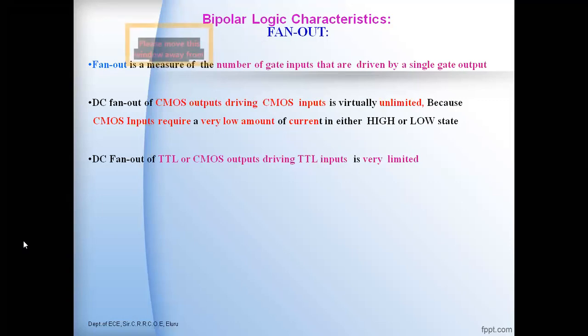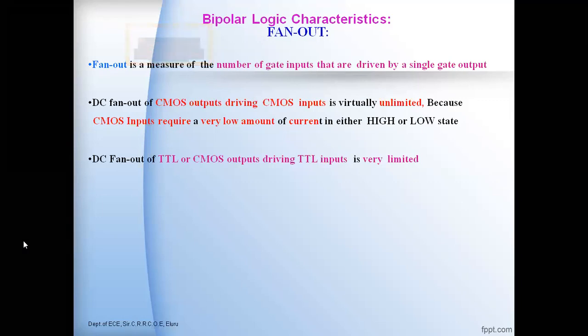Then how do we measure the DC fan out of a particular logic? Say we are in the TTL logic family. If we want to measure the DC fan out of a TTL gate, how do we do it?